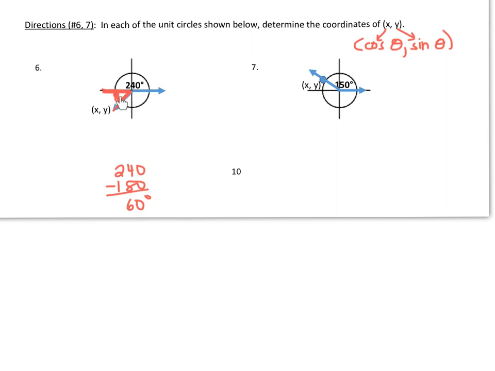So we know our reference angle is 60 degrees. Okay, I'm going to just label that. There's our reference angle, and this in here is 60 degrees. So really what we're trying to find now is cosine of the reference angle, cosine of 60 degrees, and we're trying to find sine of 60 degrees.